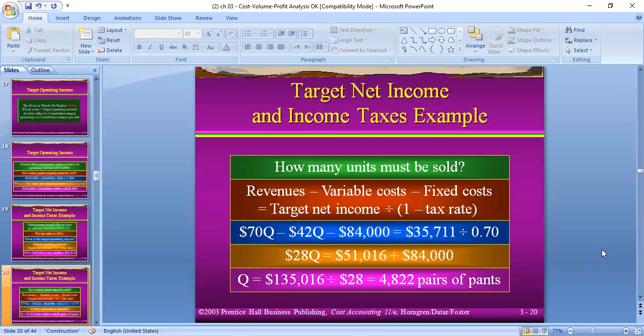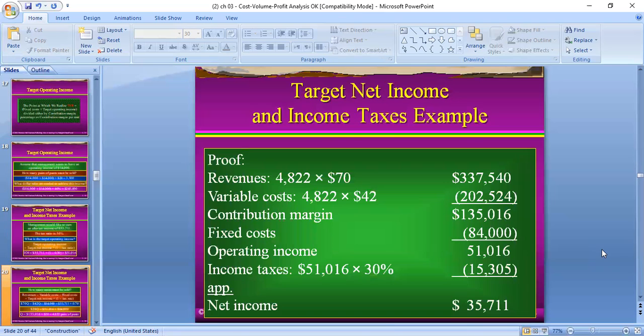If he gives you just the needed operating income, that is the point we need. So Q equals 51,016, that is operating income, plus 84,000, divided by 28, which gives approximately 4,822 pairs of pants.